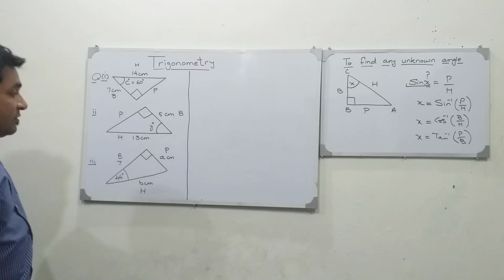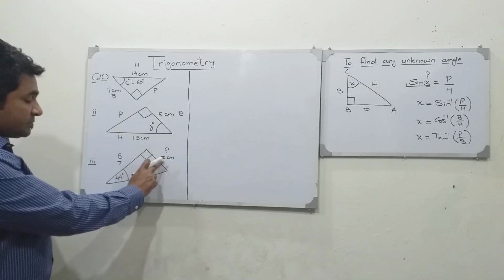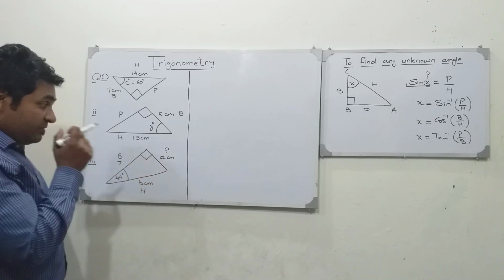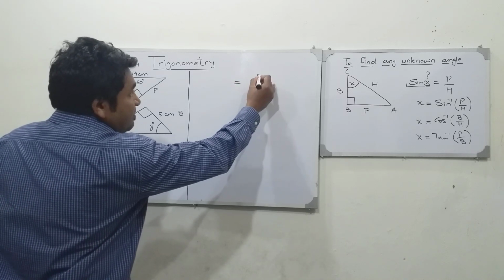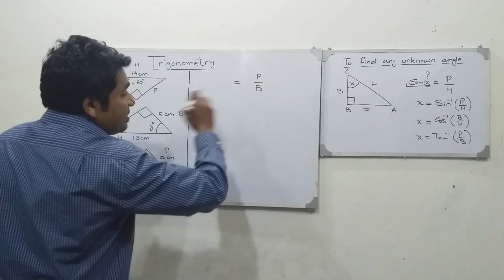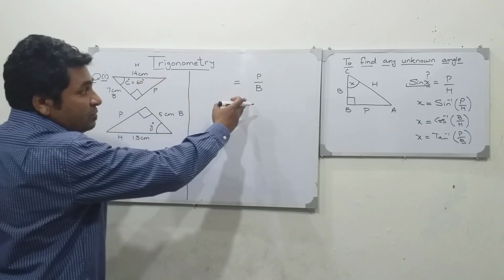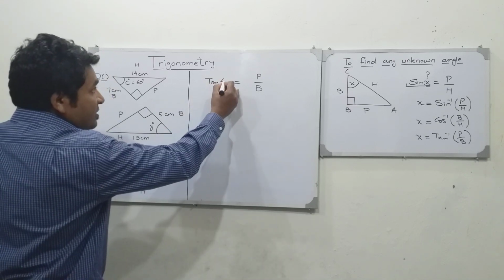So now first, if we find the perpendicular A first, we will be using the ratio perpendicular over base. If you have learned the names of the ratios, the name of the ratio perpendicular over base is tan. So tan of this angle 44.